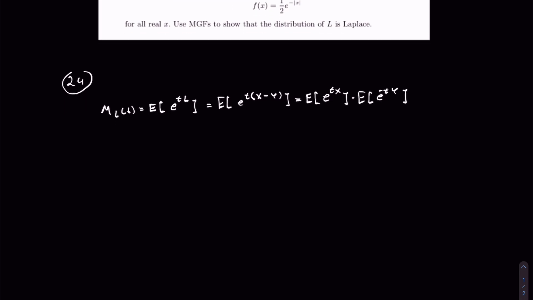Okay, let's now calculate each of these, and we know how to calculate the MGFs of X and Y. So from now on, this is purely algebra.